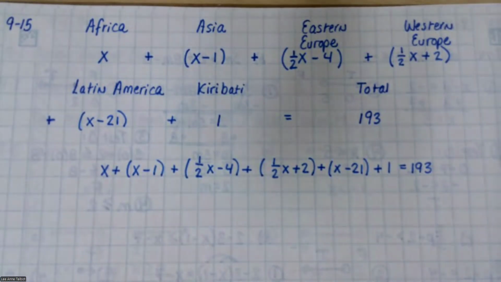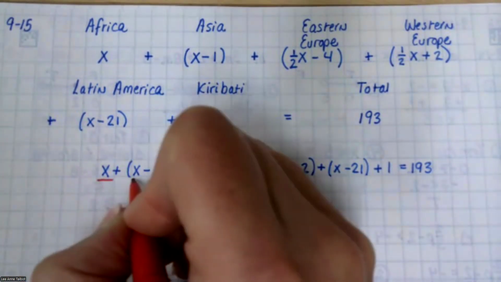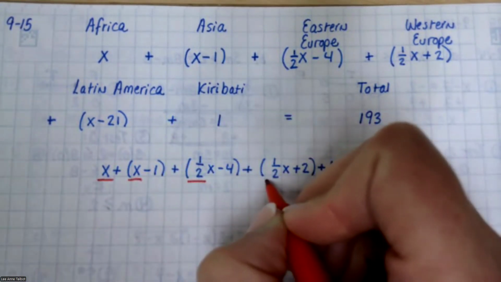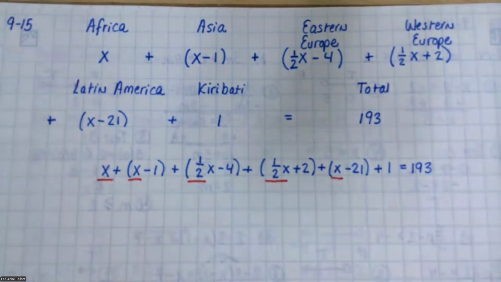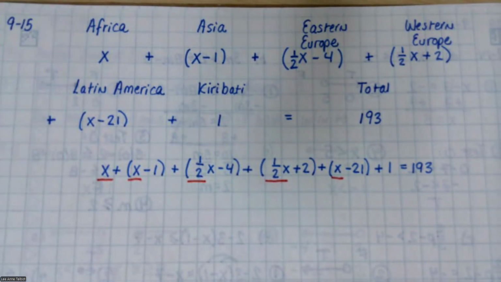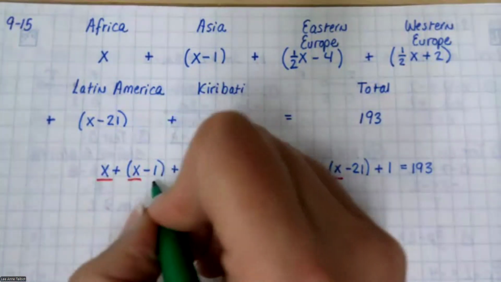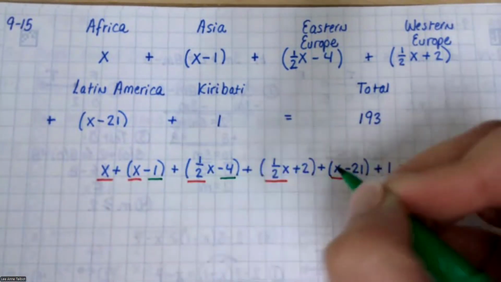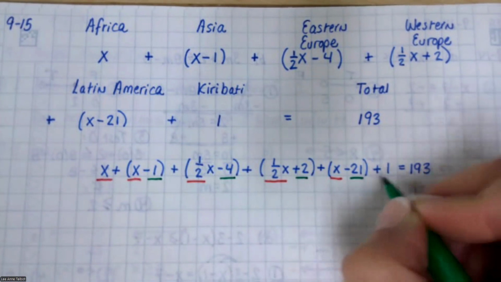Yikes. Okay, now I'm going to take my red pen and underline all of the like terms of X, and I'm going to take my green pen and underline all of the like terms that are constants.